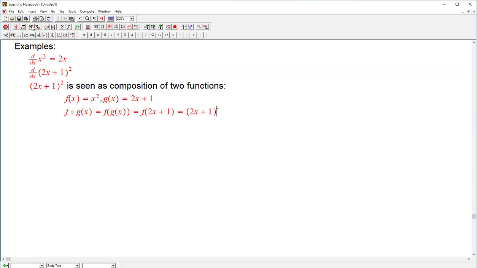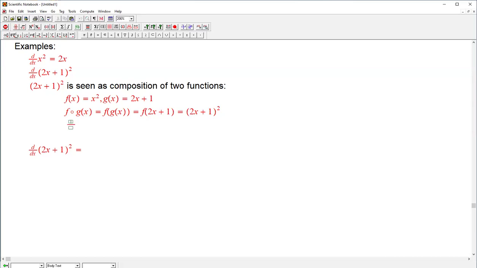Now, according to the chain rule, when we differentiate this function, we see it as differentiating the composition. We know f and we know g, and we checked that it does make the composition. So what's the derivative of f?